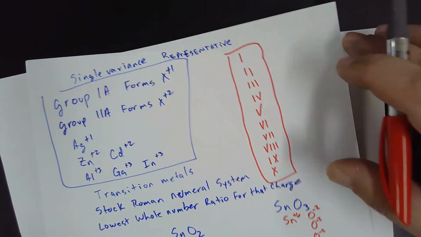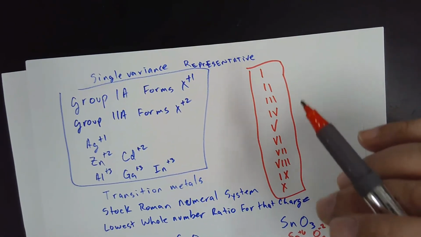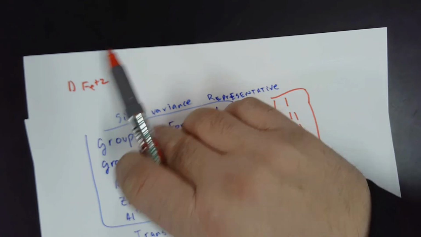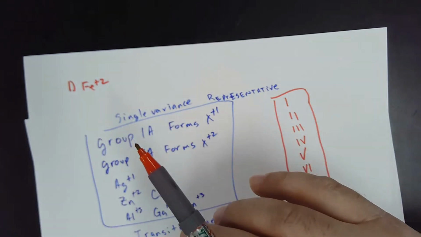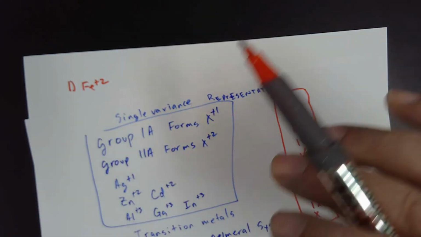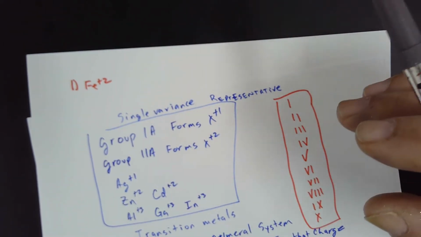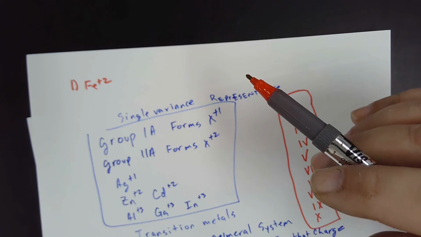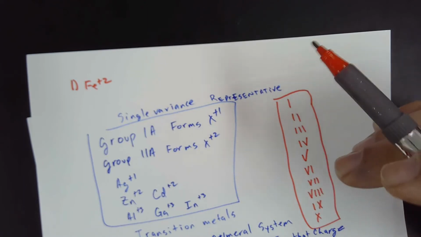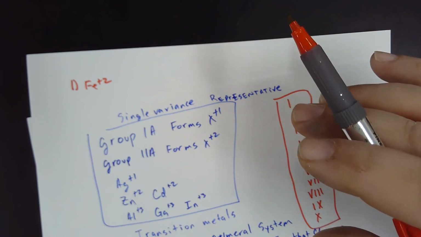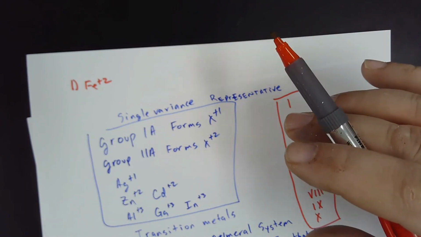The thing about our transition metals is they're called multiple variants, not single variants, meaning they don't get pigeonholed into only making one type of charge. They can make multiples. Some will make two. Some can make up to 6 or 7 different ones. So you have to look at what it's connected to know what its charge is going to be.